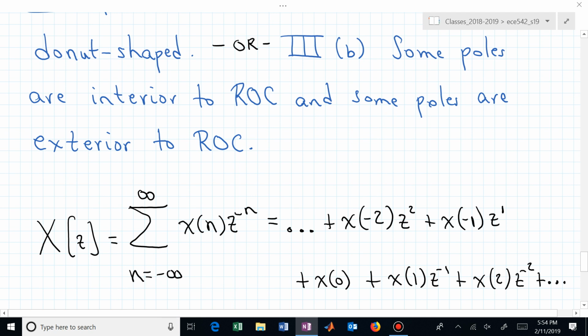And now if we look at this expression and we need it to be bounded, what can we say about the time indices, x of n's that are negative and x that are indexed with non-negative values?